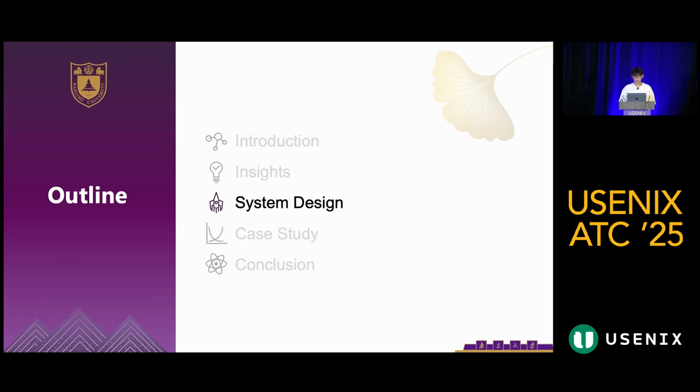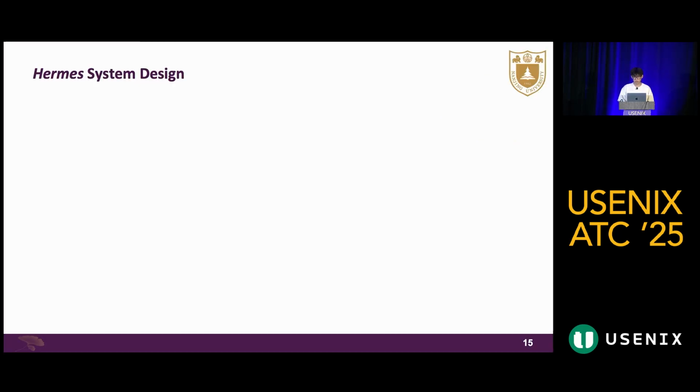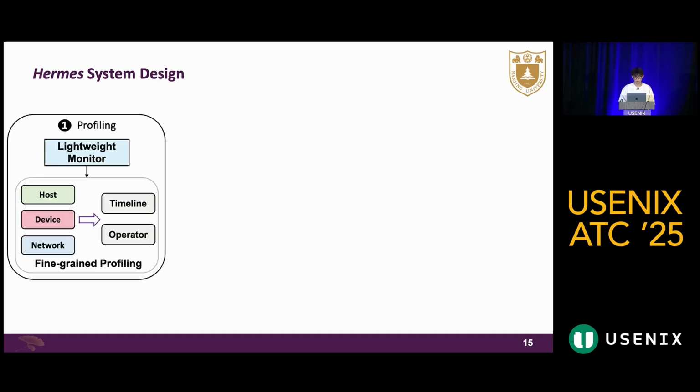Here I will show our system design. Based on the insights mentioned before, we designed Hermes, a system-guided optimization of deep learning model training on Ascend NPUs. The workflow has three main stages: profiling, analysis, and optimization. For profiling, we use a coarse-to-fine approach, starting with a lightweight monitor and then performing fine-grained profiling for problematic steps or devices.